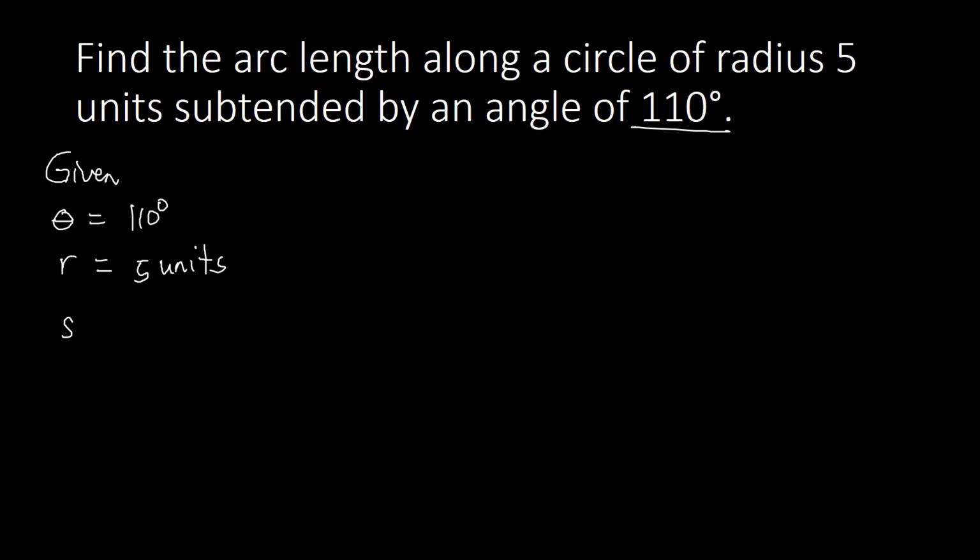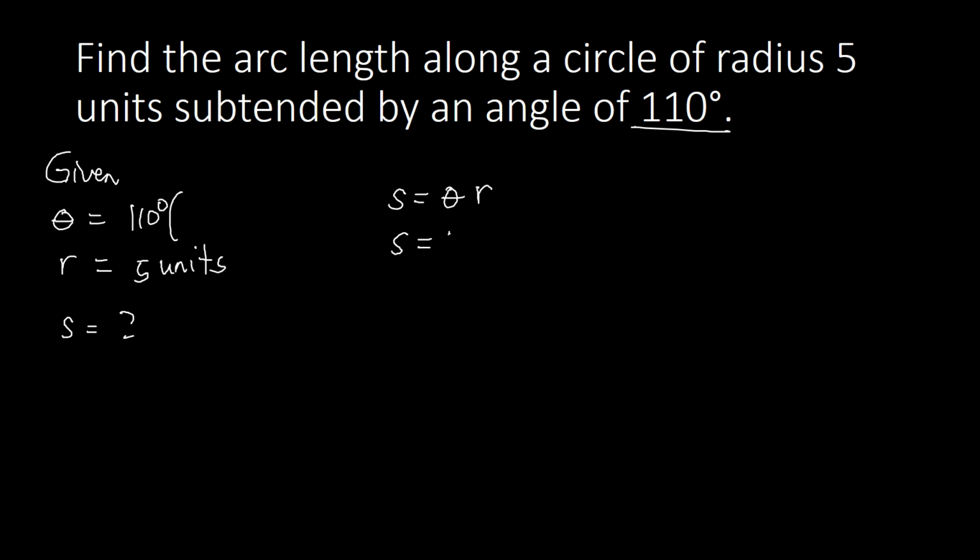So our S is unknown. So all we have to do is use our linear and angular measure, which is S equal to theta r. Plugging in, we've got our theta as 110. But take note, our theta is not yet the final one because we need to convert this into radians.